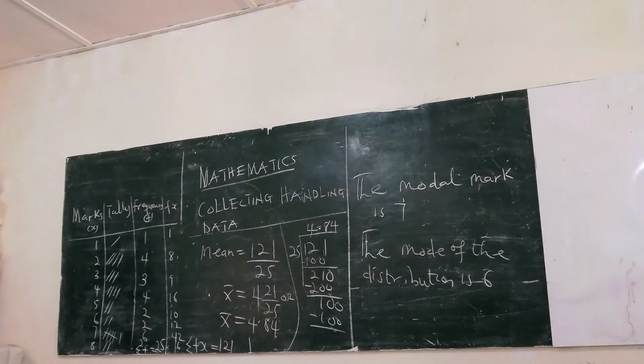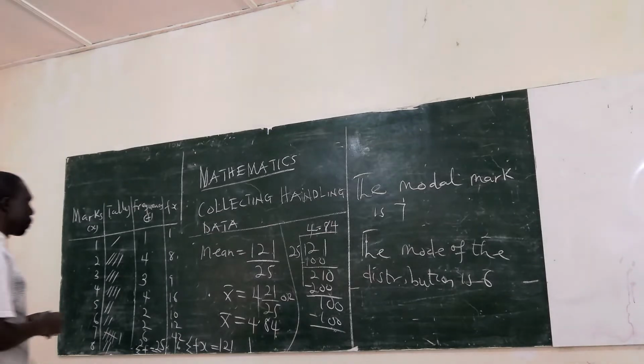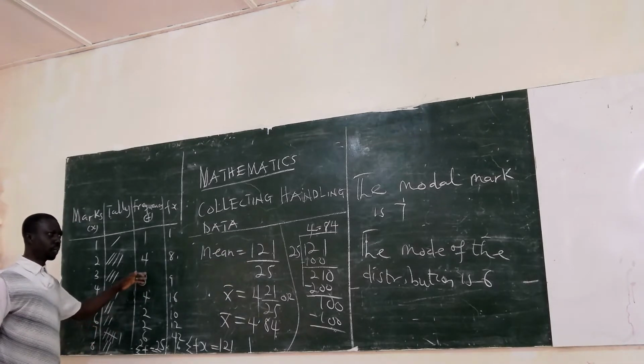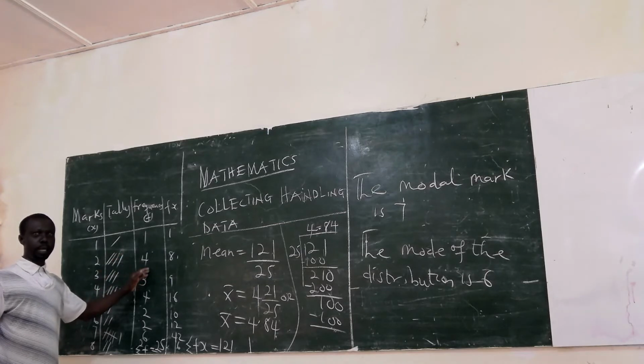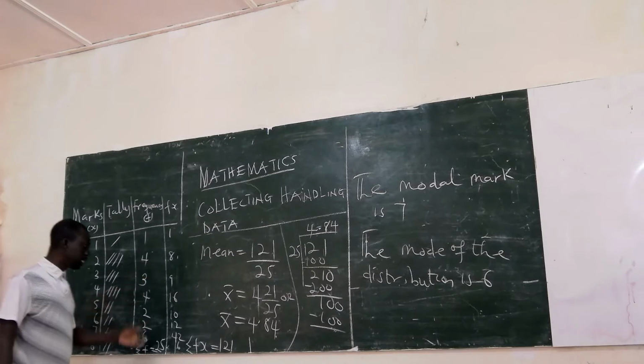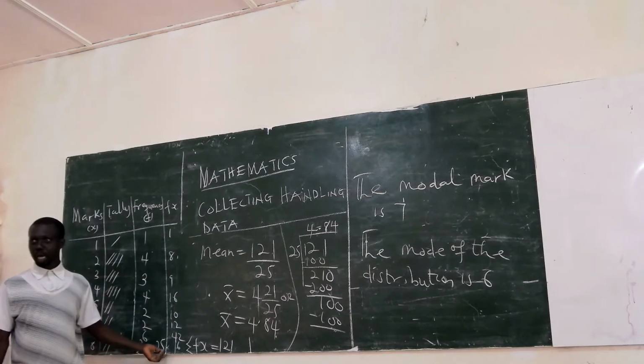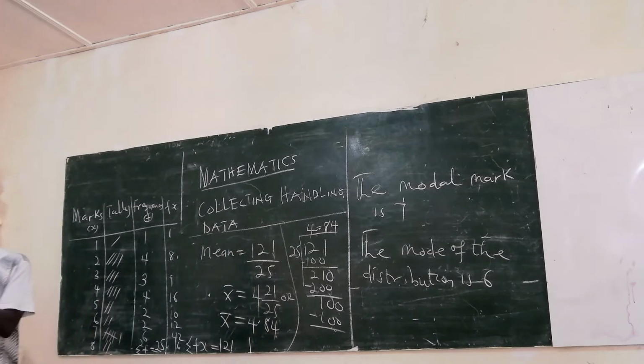At times, when they ask you to find the median mark and the total frequency is an odd number, the simple method is to add 1 to the total frequency to get an even number. An even number is a number that can be divided by 2 without any remainder, a multiple of 2, right?